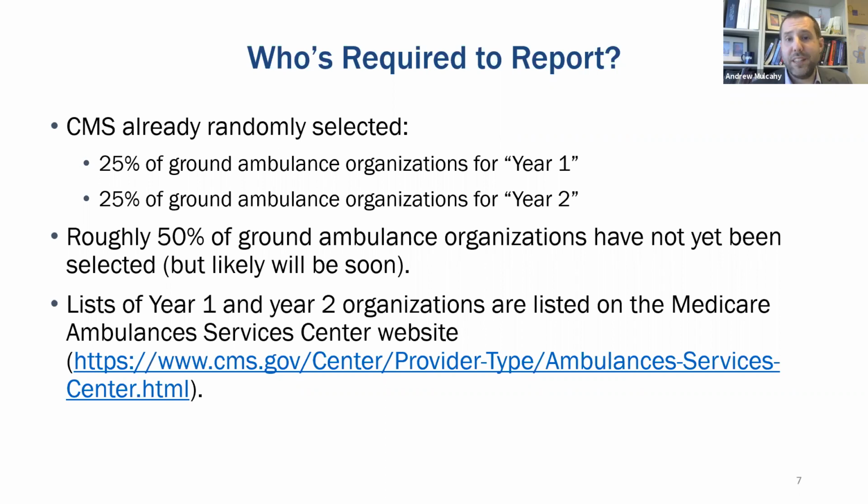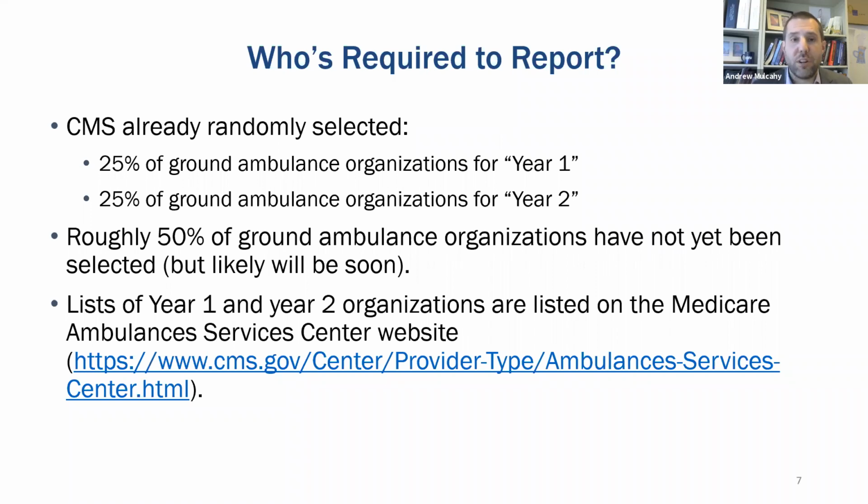They're split up into these groups called years. About a quarter of organizations, or roughly 2,500, are in year one, another roughly 2,500 are in year two. And then the remaining half of organizations haven't been selected yet as part of year one or year two, but they very likely will be selected in year three and year four coming up.